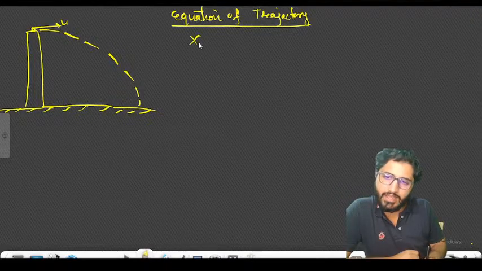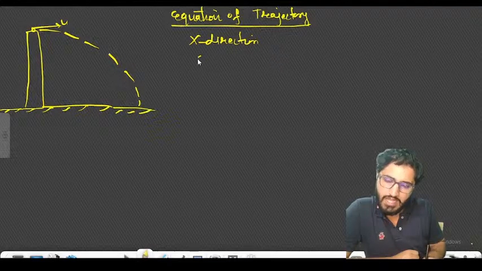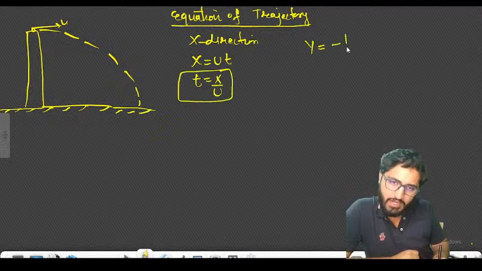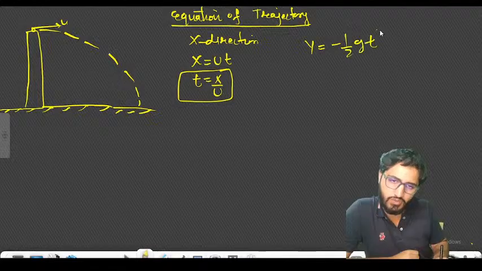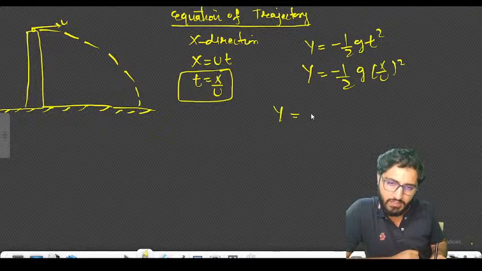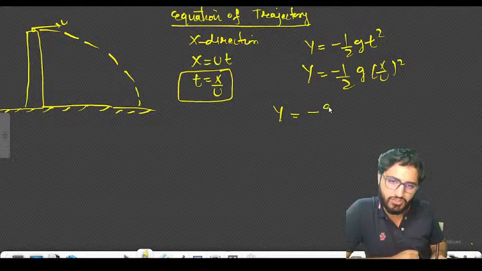Done. In x direction, what is my value? x equals speed into time t. So time equals x by u. Second one, what is y? y is minus 1 by 2 g t squared. I can write y equals minus 1 by 2 g, and what is t? t is x by u, whole squared. So y came out to be minus g divided by 2u squared into x squared.